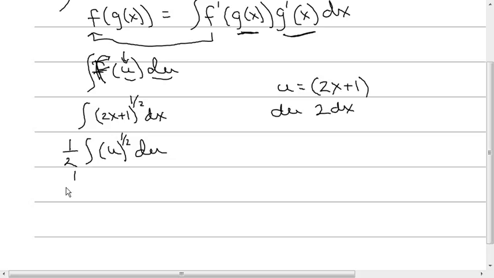We get 1/2 times u raised to the 3/2 power divided by 3/2. That's by rule.